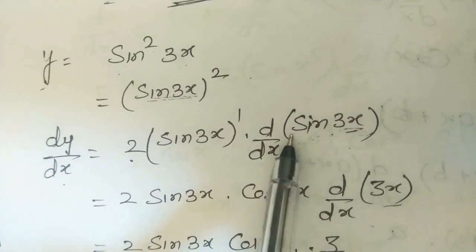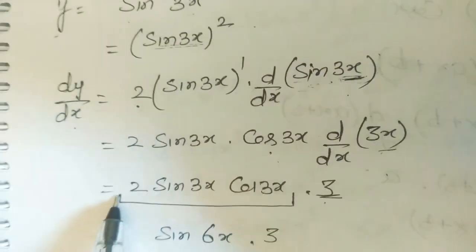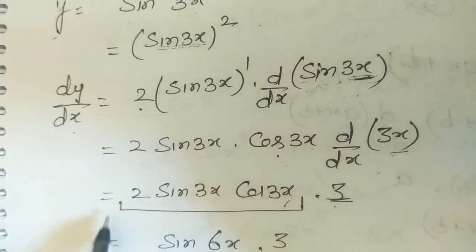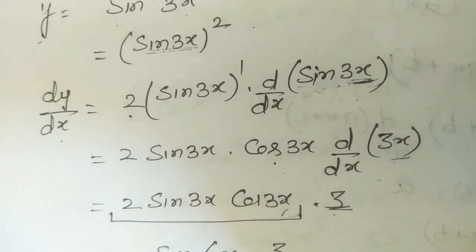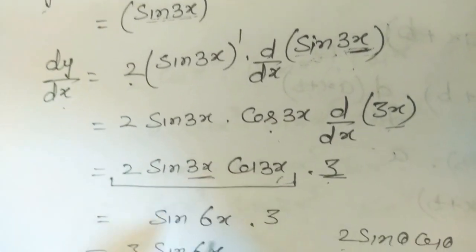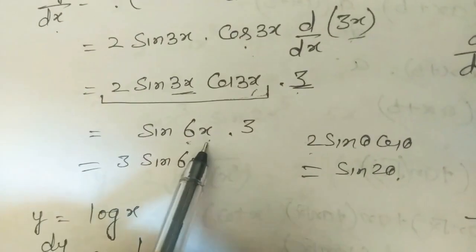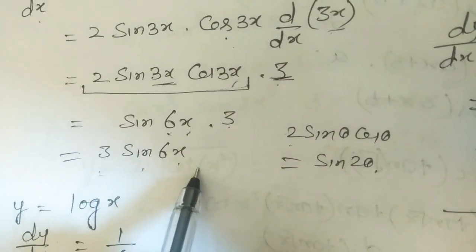The derivative of this function is cos 3x into 3. So what is it? 2 sin 3x cos 3x into 3. We apply the same formula: 2 sin theta cos theta is sin 2 theta. Here theta is 3x, so it will be 2 into 3x, 6x, and 3 as it is. So 3 sin 6x.